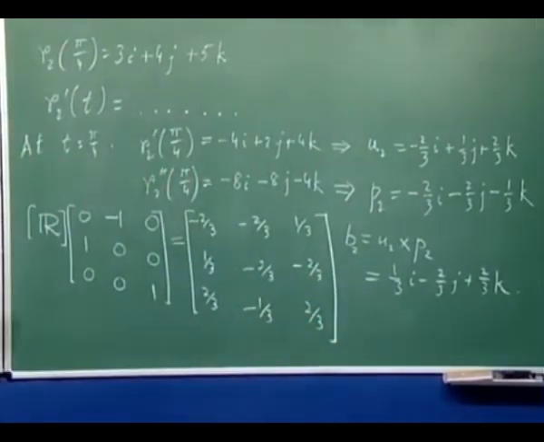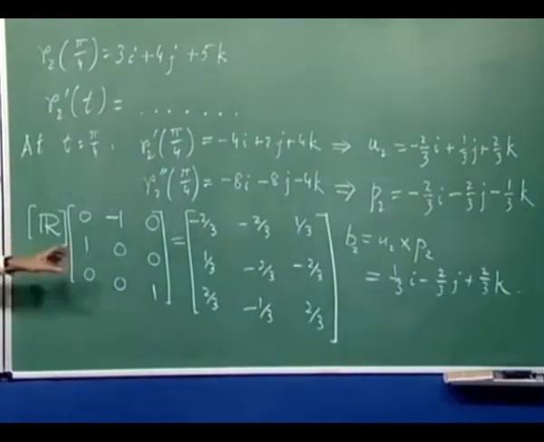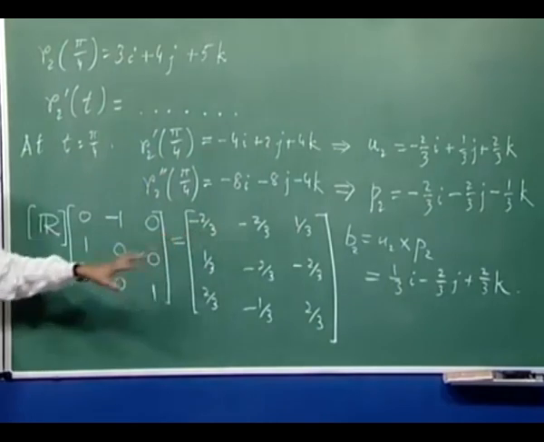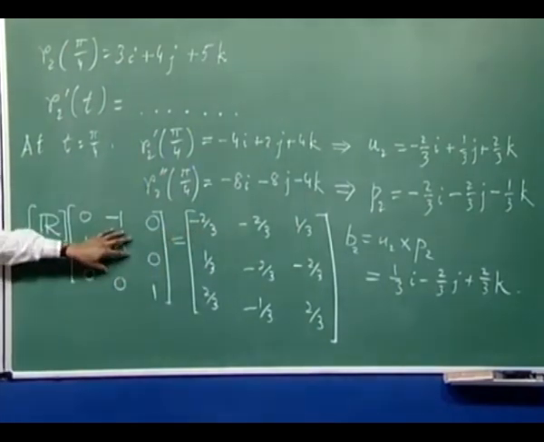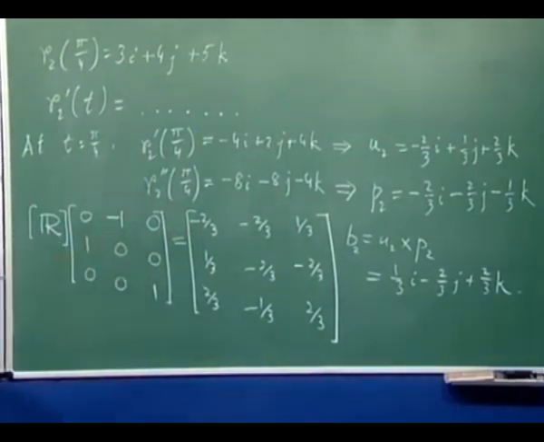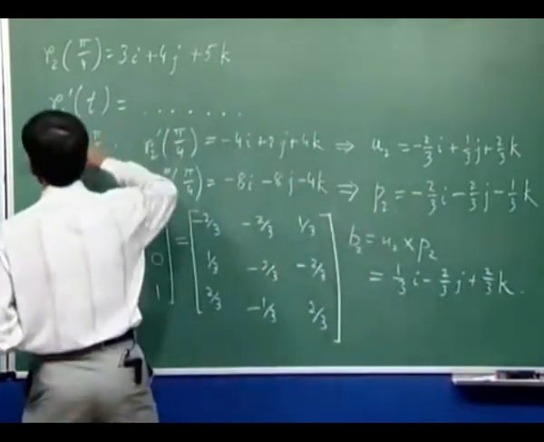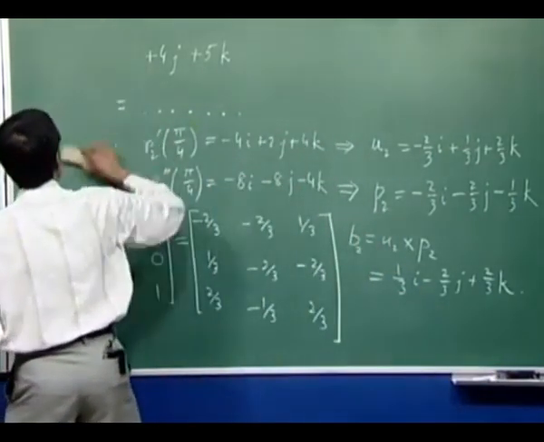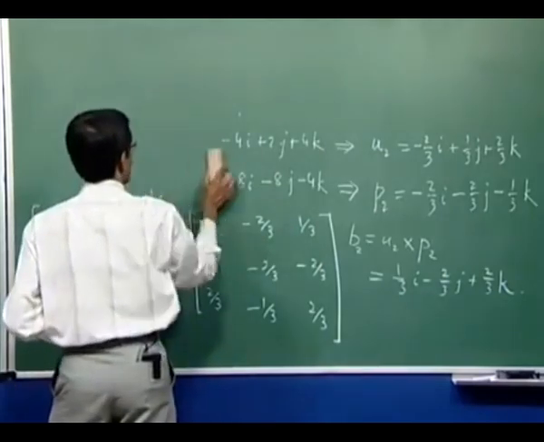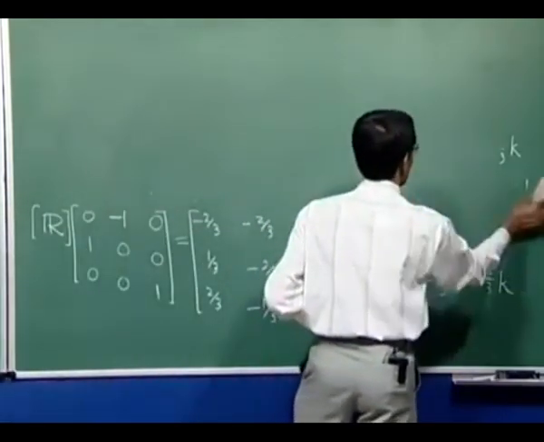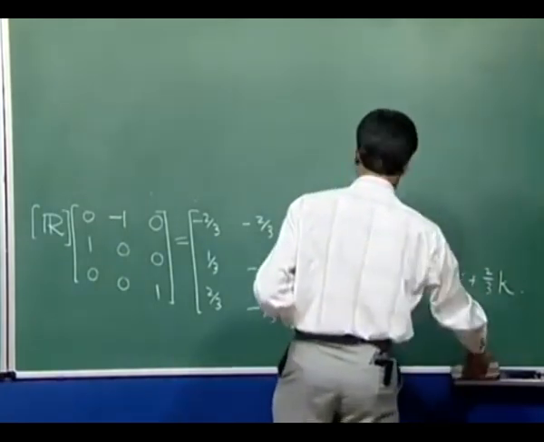Now, we want to determine R. So, we need to post multiply the matrix on the right side with the inverse of this, which is quite simple. So, let me give you the expression for that R, which you can verify later.